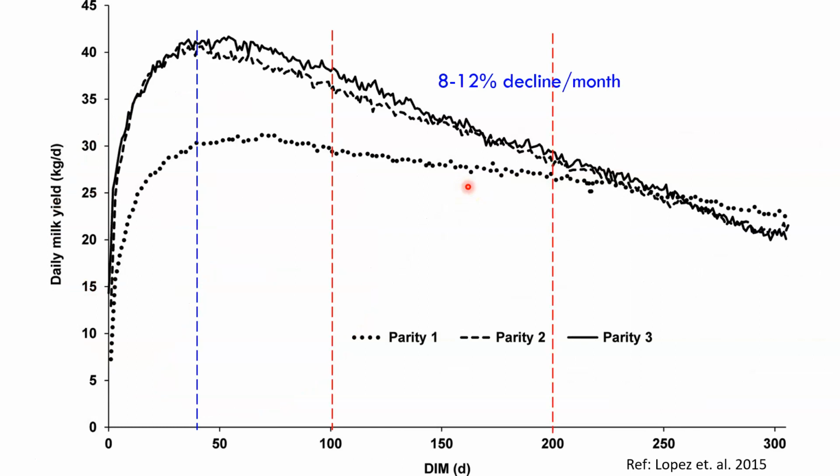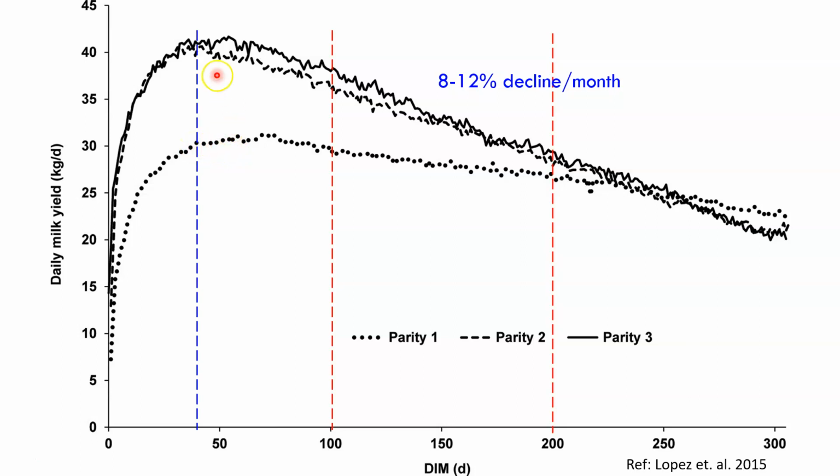However, if you look at the different breeds, this shows lactation yield in Holstein Friesians, comparing the first three parities. First parity, second parity, and third parity. You see there's a huge difference between first and second parities. First parity milk yield is relatively low.